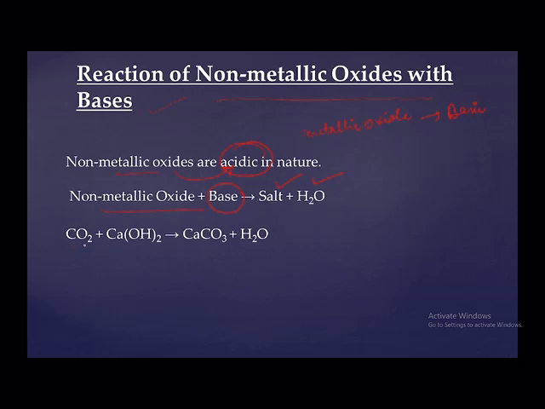The example of a non-metallic oxide we are taking is carbon dioxide. The base is calcium hydroxide. It forms calcium carbonate and water. The calcium carbonate is the salt which is formed. This tends to prove that non-metallic oxides are acidic in nature.